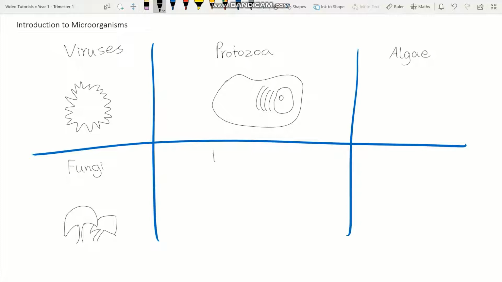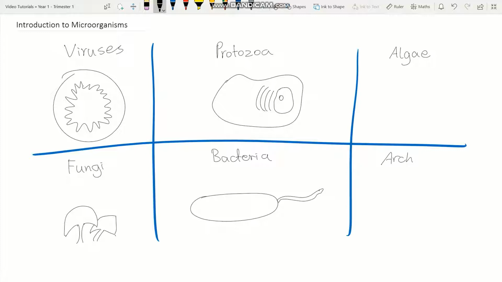We also have bacteria. These are what basically cause infections, similar to viruses. And finally, we also have archaea. Archaea are special in that they are called extremophiles. They love extreme temperatures, in which case they are called thermophiles.